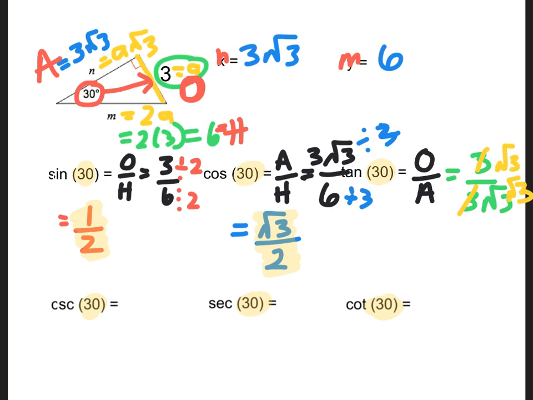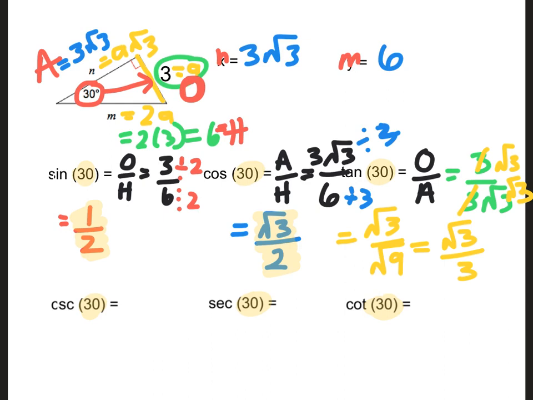When I do that, we would have the square root of 3 on top. On the bottom, we'd have the square root of 9 because I multiplied 3 times 3. And then remember the square root of 9 is in fact 3. So my final answer would be root 3 over 3.